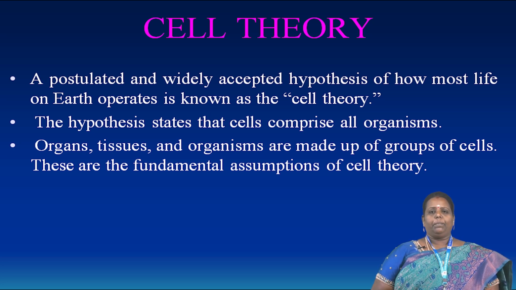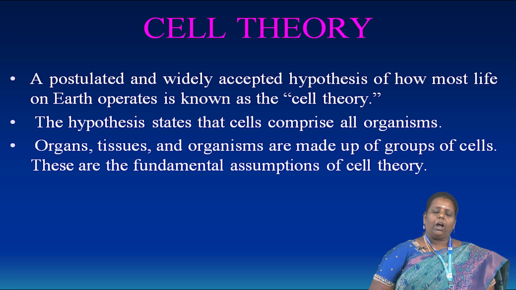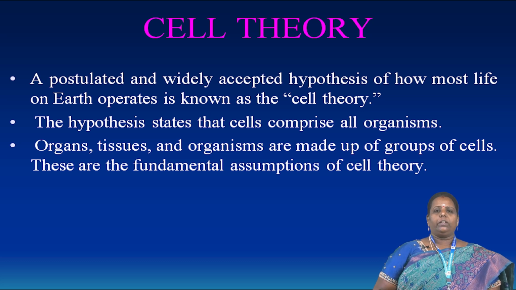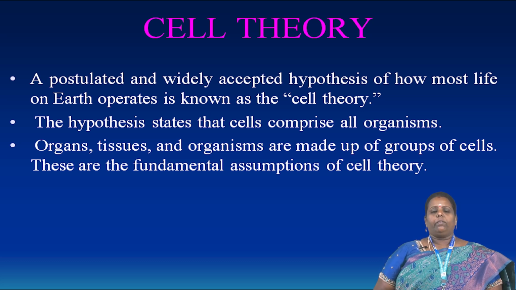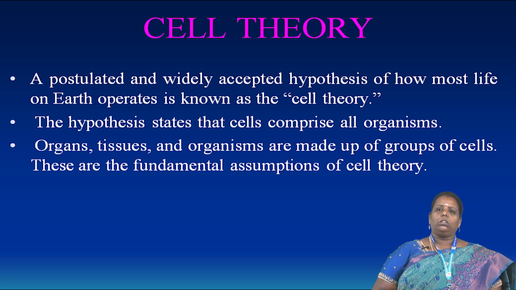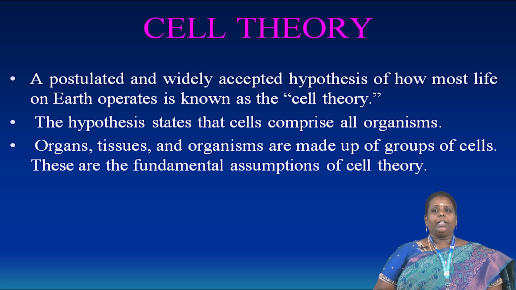Why? Because all organisms are made up of cells, the basic unit of life. Growth of the organism and formation of new organisms are all explained by this widely accepted hypothesis, the cell theory.